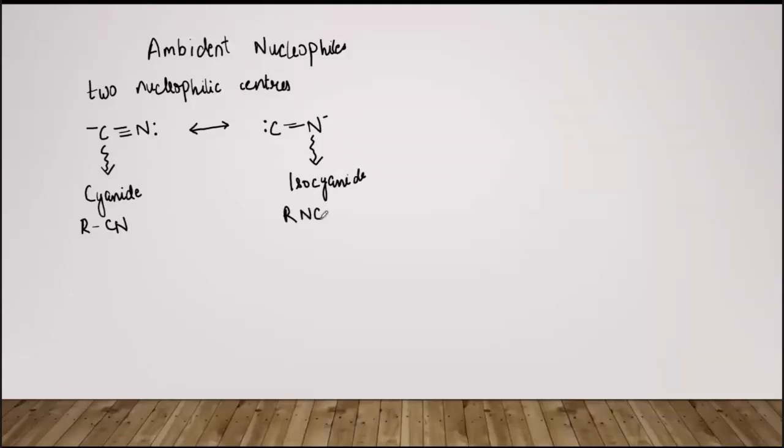Okay. Now coming to the nitrite group. So here also the group is as follows. N has a lone pair and this is a double bond. Fine. Now here also there are two chances. Either the carbon of the alkyl group will get attached to the oxygen, or it can get attached to the nitrogen.